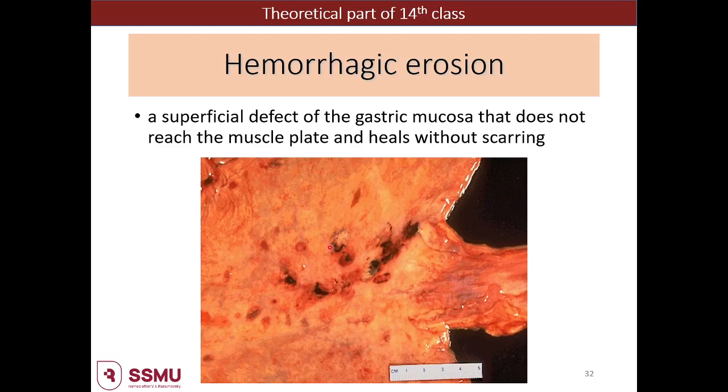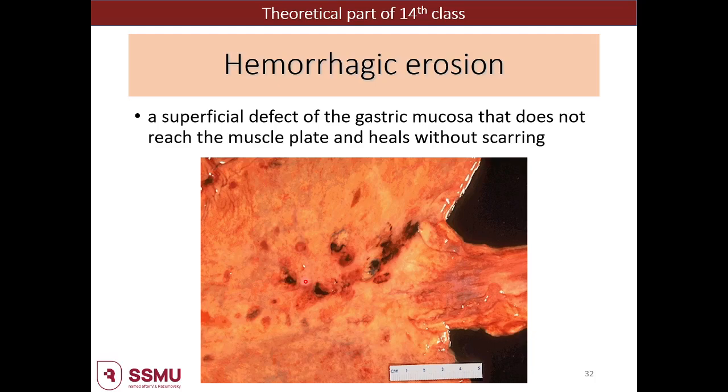You may see a lot of hemorrhagic erosions in the stomach, and they may be associated with really different types of pathological processes. For example, it may be associated with increase of acids in the stomach. It may be associated with hypoxic conditions of stomach, and so on.